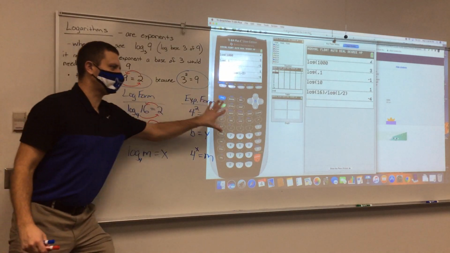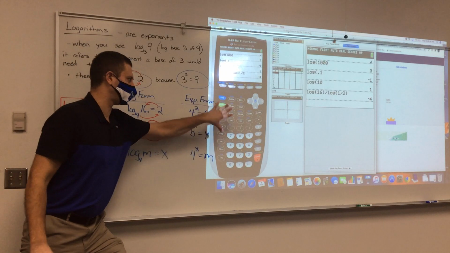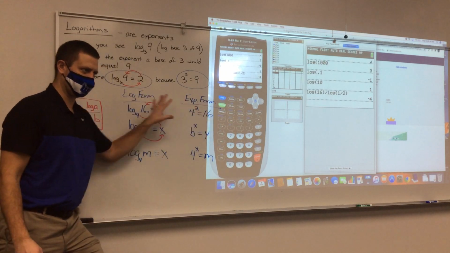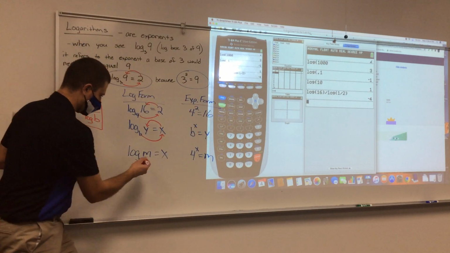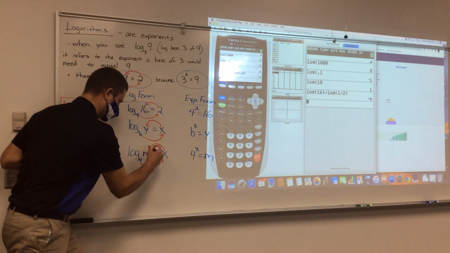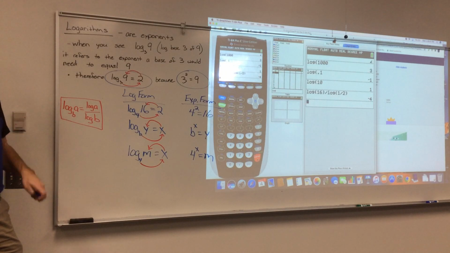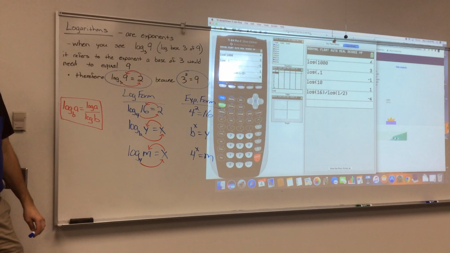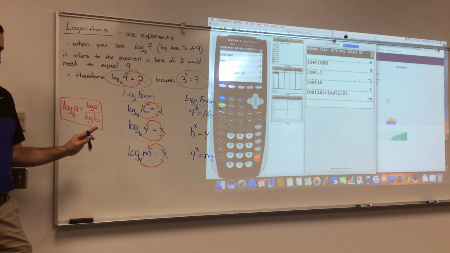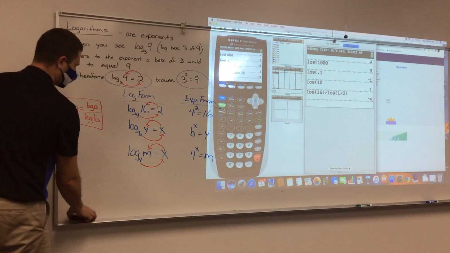You need to be able to change back and forth. Log form, exponent form, back to log form. Think. That little pattern right there. Yeah? Okay, one last thing.